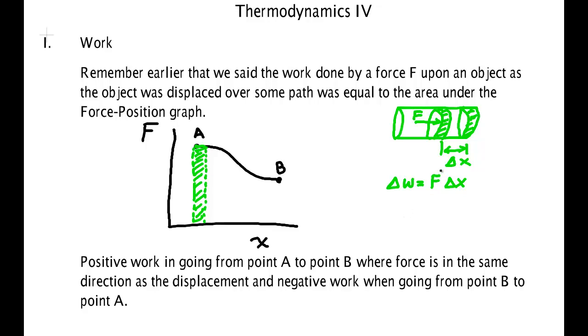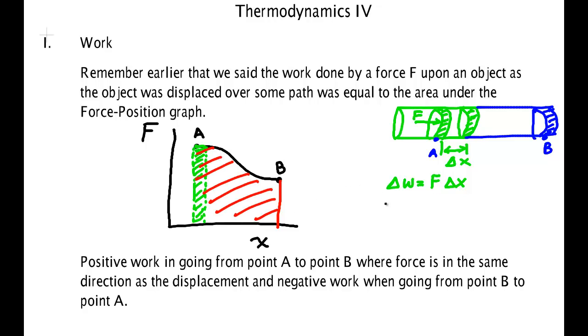And to find the total work as we move it from some point A to some later point B, some appreciable distance away, the force may change during this time, as it does in this graph. And to find the total work, we need to find the area under this curve.